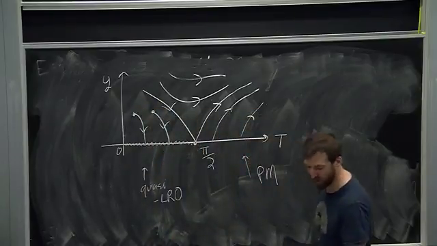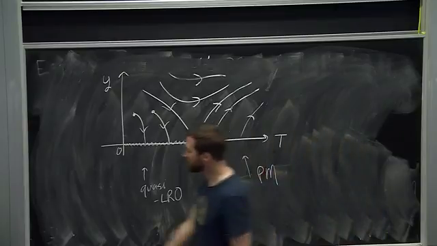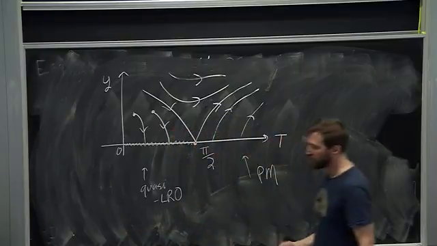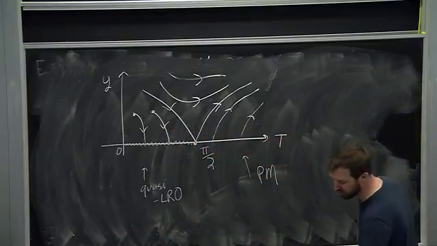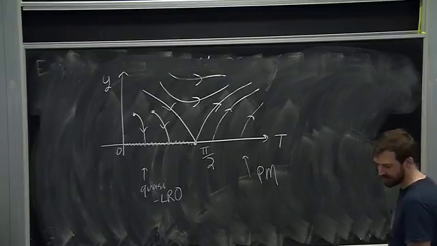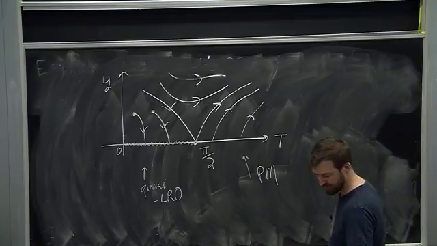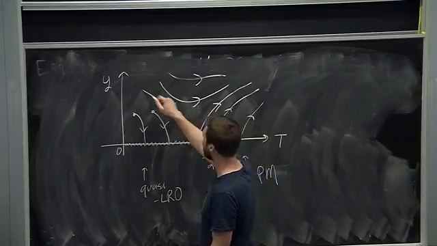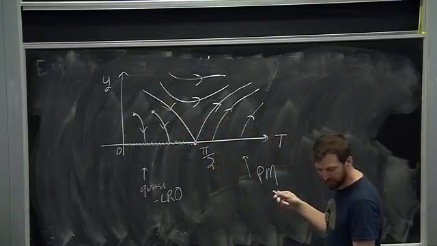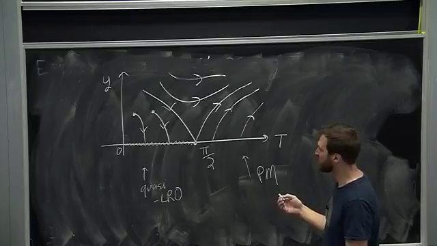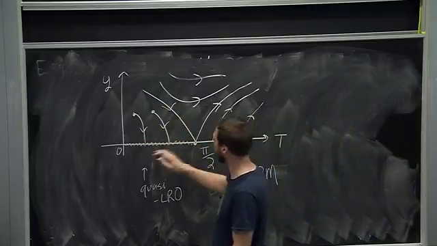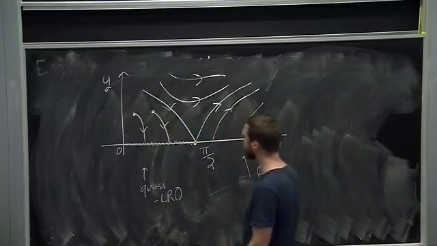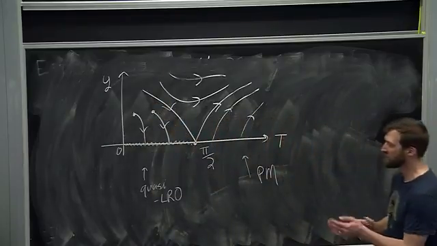Because Y, from the sign of this, is relevant or irrelevant depending on whether you're above or below T_KT. So if you're below this line here, everything's irrelevant. All fugacities in this regime are irrelevant. That's reassuring.